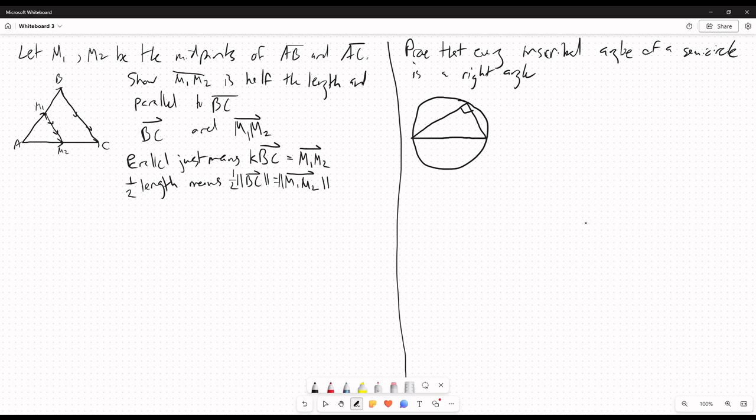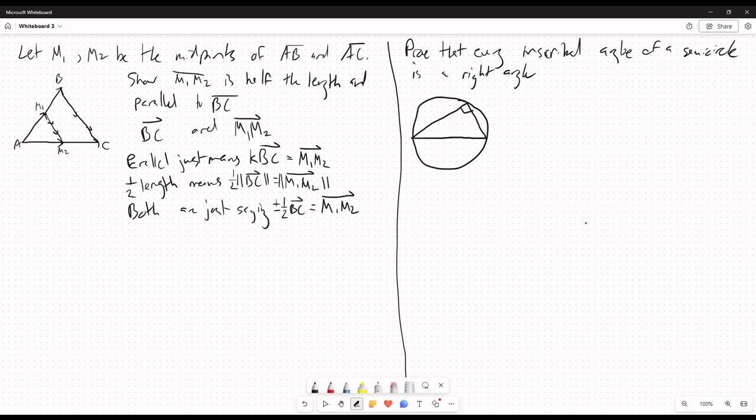So we can actually wrap up both of these by just saying that M1M2 is going to equal either plus or minus 1/2 of BC.